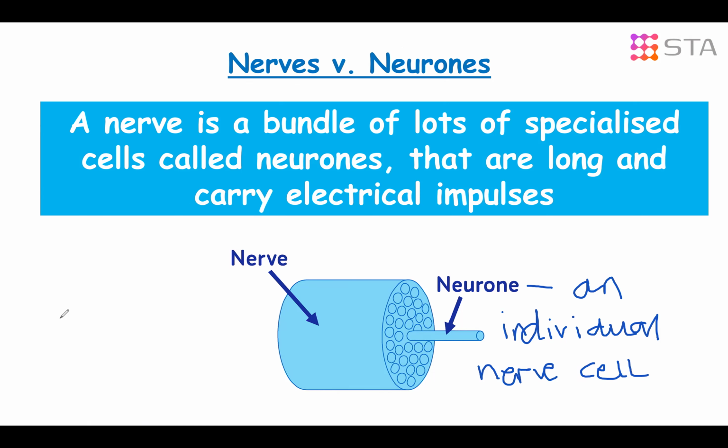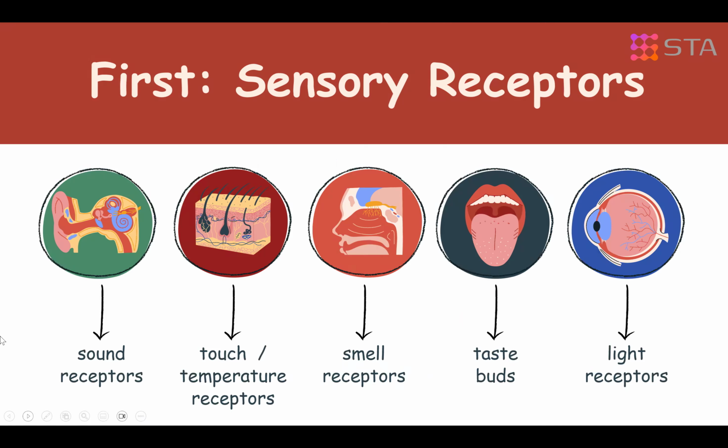Let's move on. Okay, so first of all, we're going to talk about receptors. Now, receptors are cells that pick up the information or stimuli or stimulus. They are the first part of the nervous system to pick up any information.